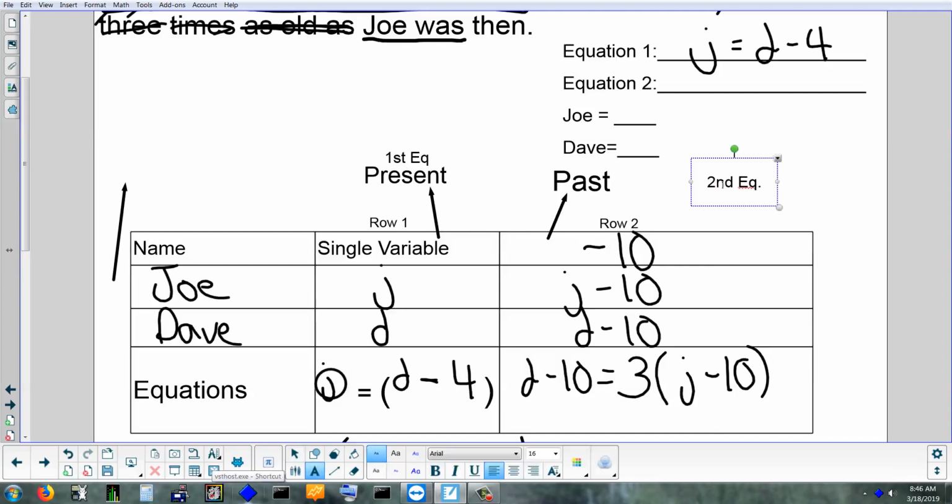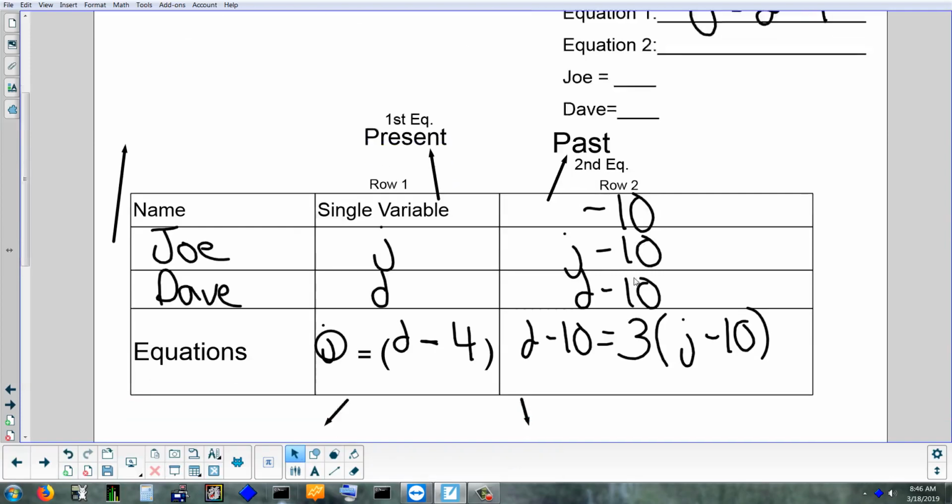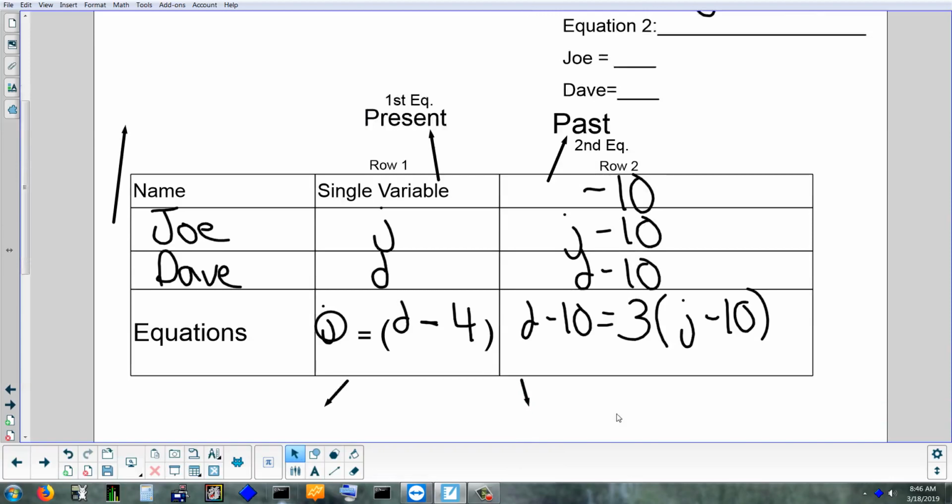It says Dave, so it's the first equation. If I look at Dave, it says D. All the stuff here is representing these people in the first equation. All the stuff here is representing those people in the second equation. That's how it works. Now it's just going to be substitution. And it kind of gives you some tips.